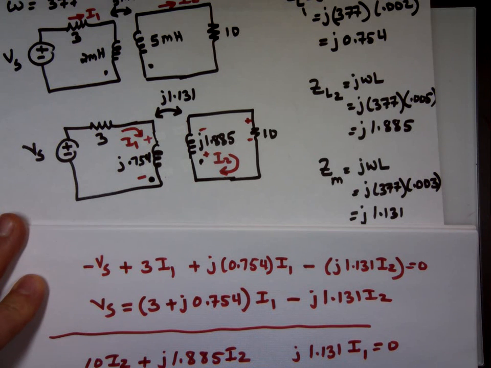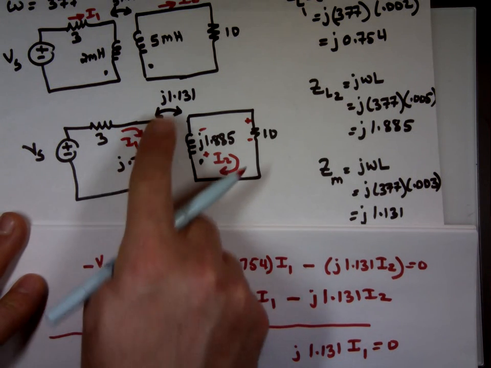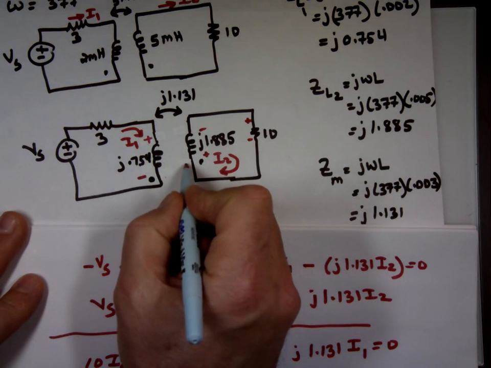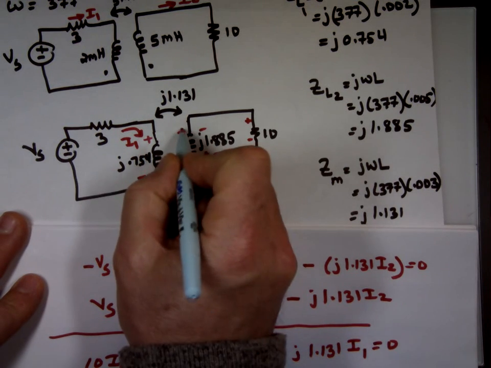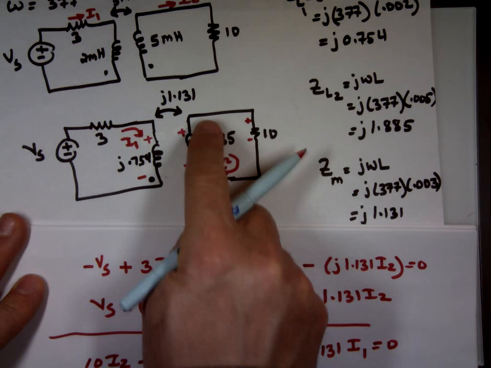So the dot is going to be what? Negative, right? That means the effect of the mutual inductance on this is going to be the dot matching minus and plus. And notice that's backward to this one.